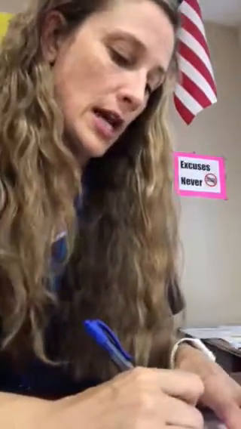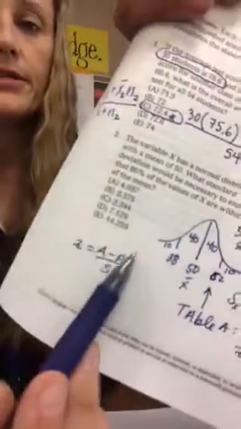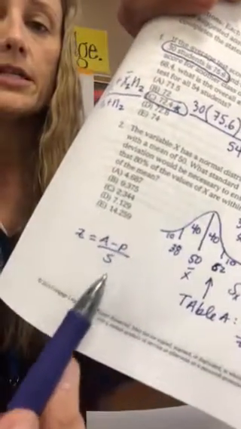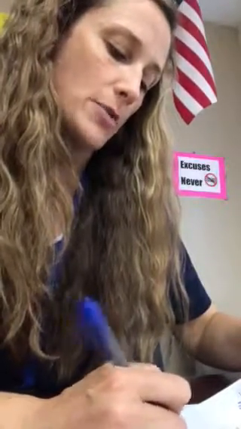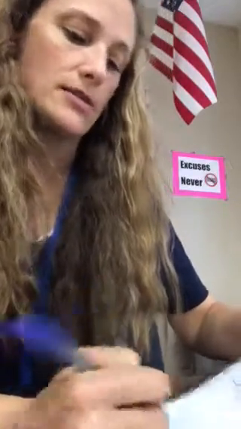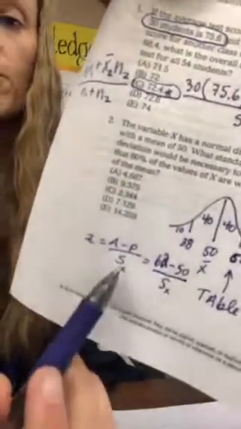The z-score is, as I tell students, A minus P over S for AP Statistics: the actual value minus the predicted over the standard deviation. So an actual value of 62 minus the predicted, which is my x bar, 50, over the standard deviation S sub x. That's what I'm solving for.